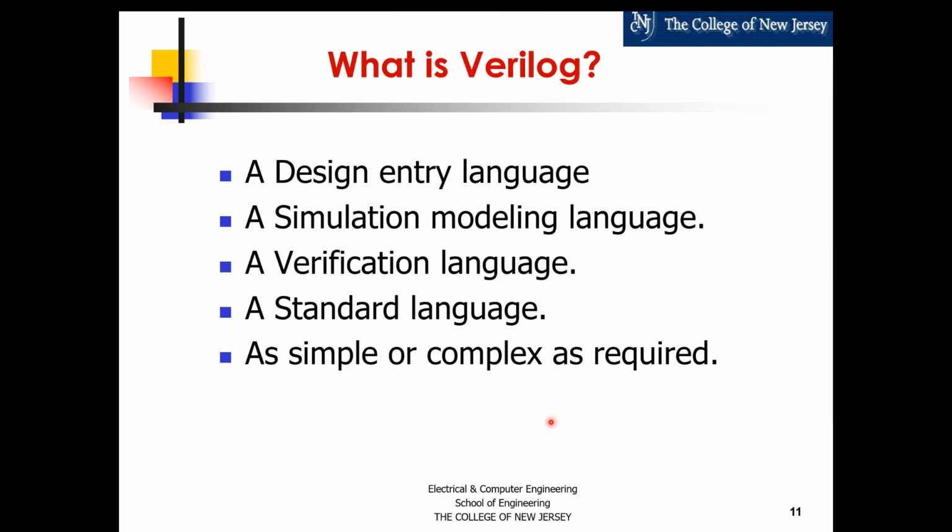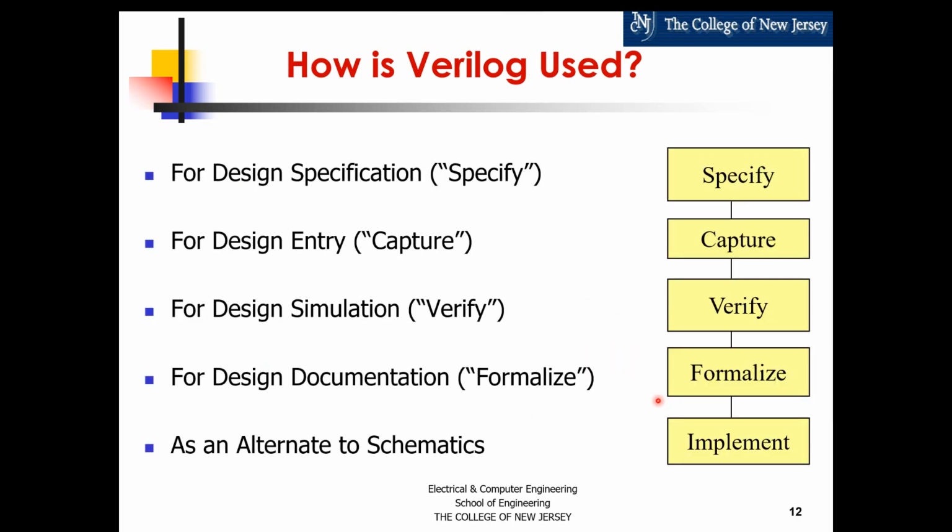And again, you can use it throughout your design flow to enter your design, simulate your design, and verify your design, and there are many levels of complexity, as we'll see. So how is it used?